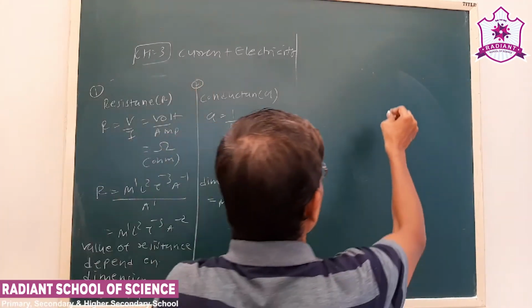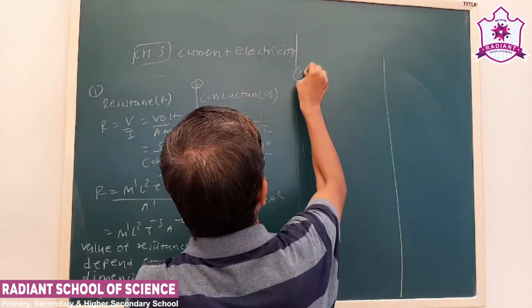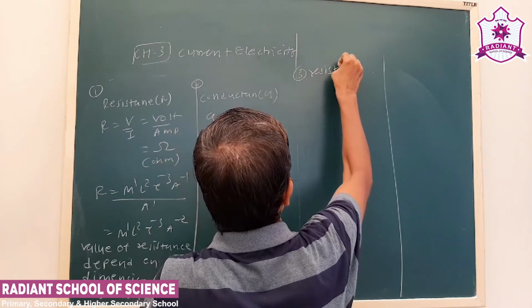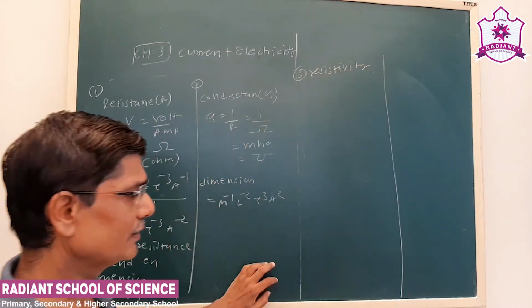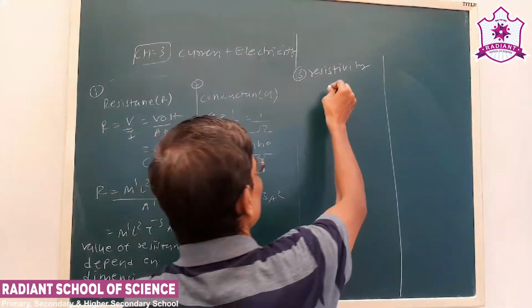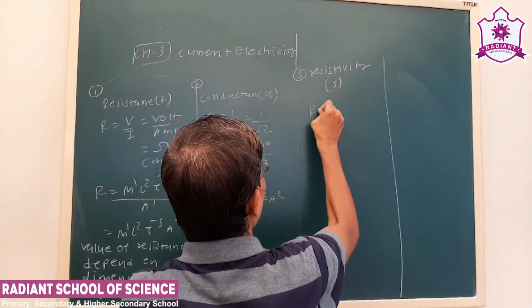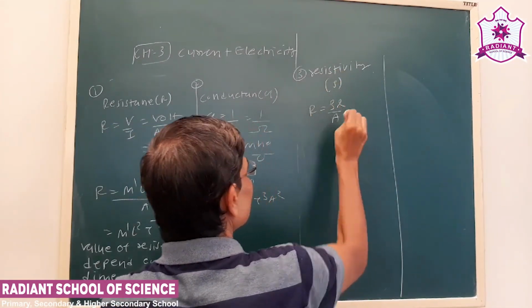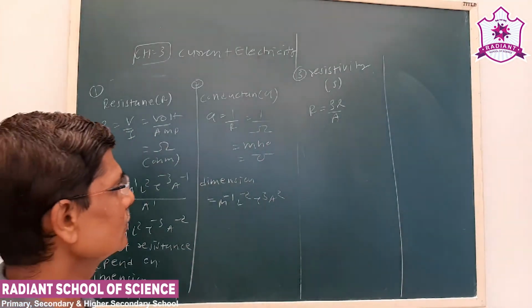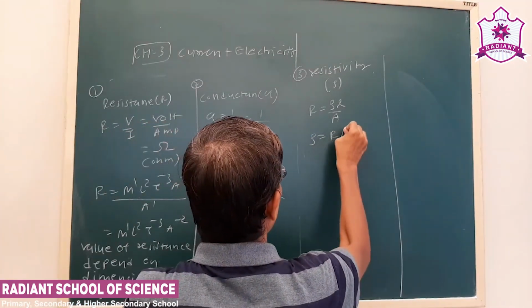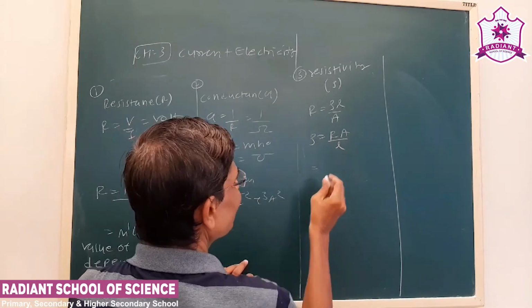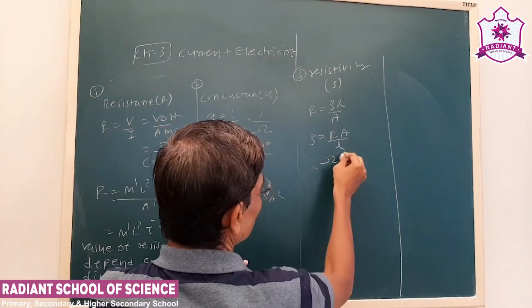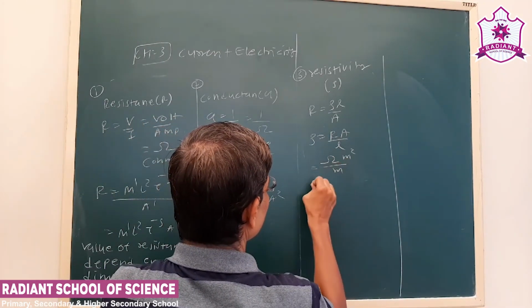Now the third we have to see is resistivity. Resistivity is denoted as rho. R is equal to rho L by A, that we have seen. So rho is equal to RA by L. Now how do we write the unit? Resistance is ohm, area is in meter square upon meter.